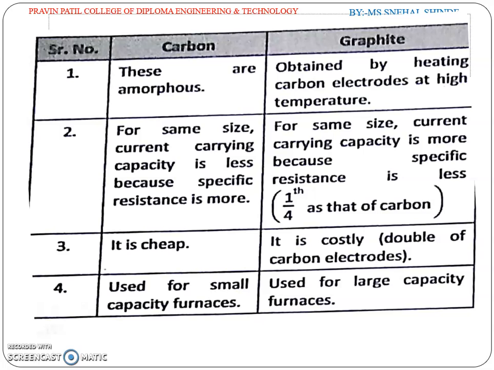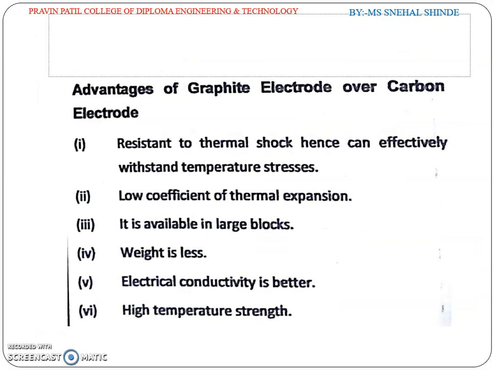So in this video we have seen the comparison of the carbon electrode and the graphite electrode. Then we have also seen the advantages of graphite electrode over the carbon electrode: its weight is less, it has high temperature strength, better electrical conductivity, and resistance to thermal shock, so it can effectively withstand temperature stresses.